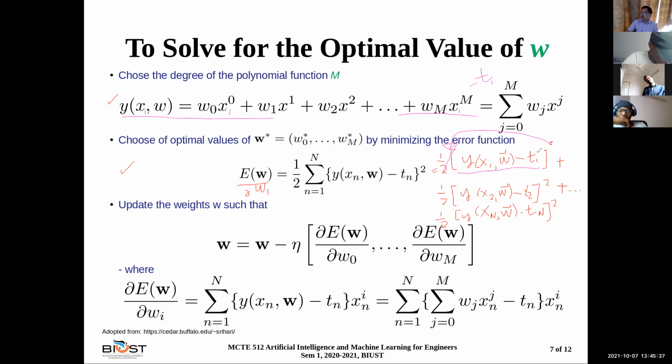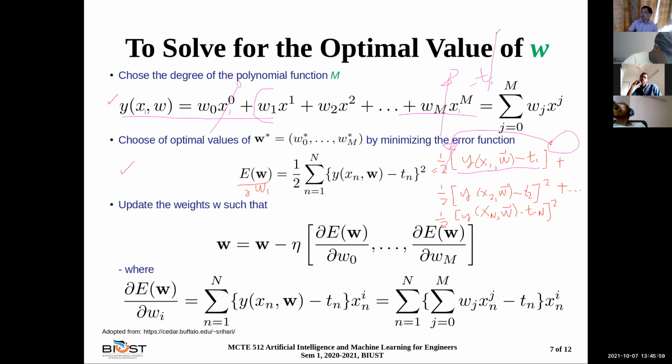So what is the term here when you take the derivative with respect to W1? This one is not in terms of W1, so that is 0. This one is in terms of W1. This one no, so that is 0. That is 0.